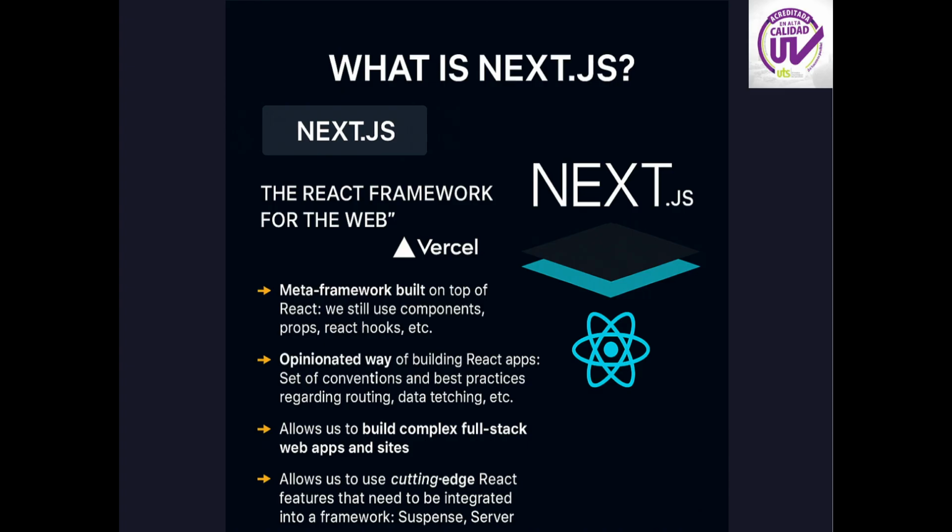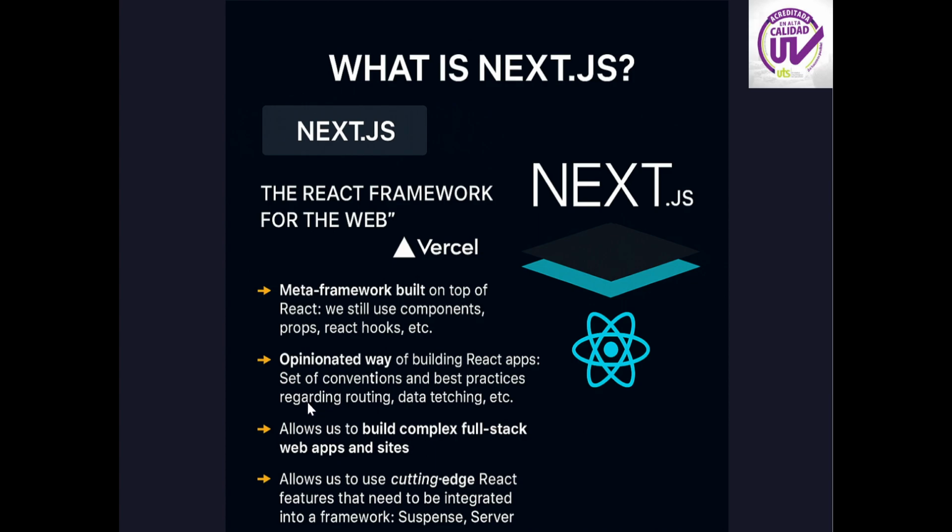Now, what Next.js adds on top of all that is a set of conventions and best practices about common things that we usually always need to implement in any real-world application.